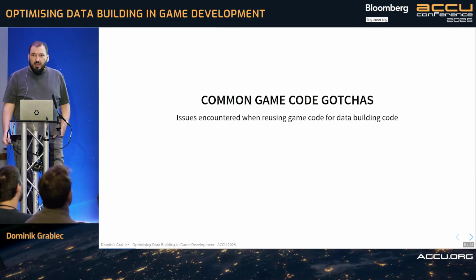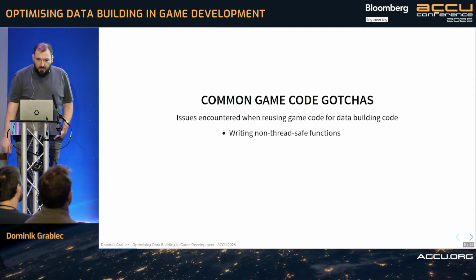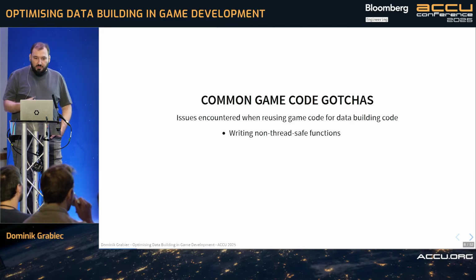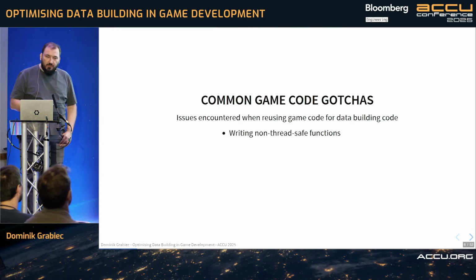Regarding that, the other thing game studios tend to do is reuse code between systems whenever possible. And this has some implications when you want to reuse game code to do this sort of data building. So I'm going through the gotchas. The first one is writing non-thread safe functions.